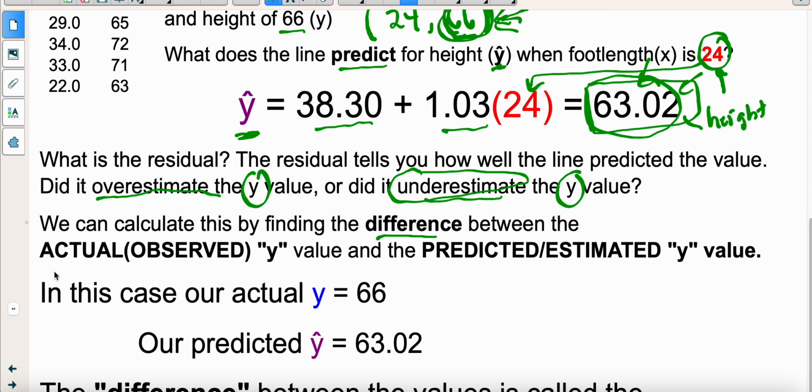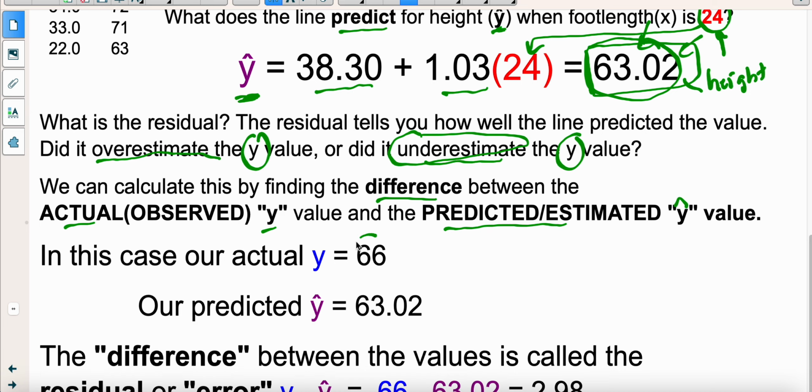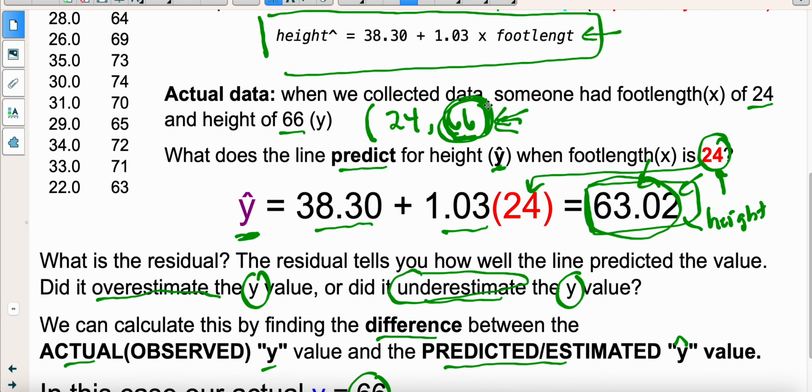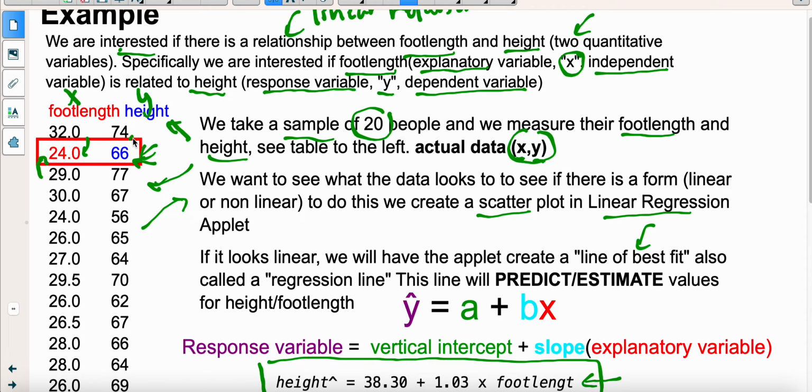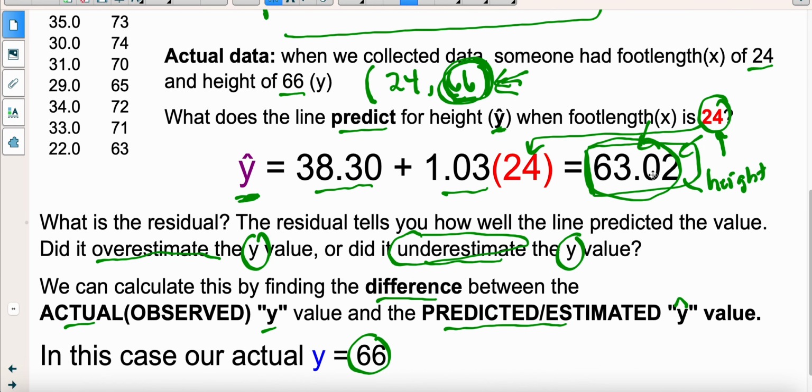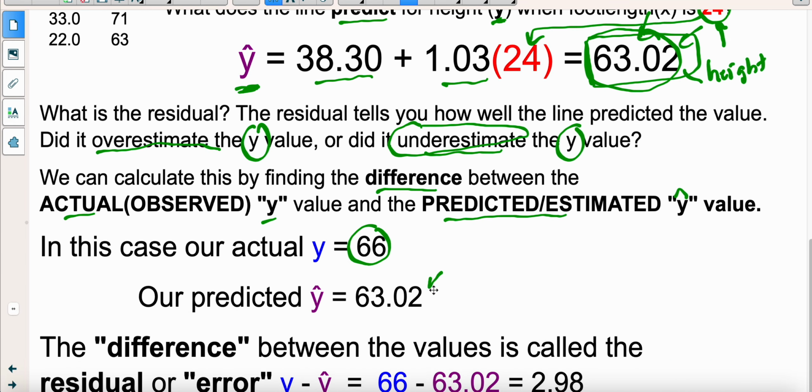That's our residual. If I take my actual observed Y and I subtract from it my predicted Y, my Y hat, all right, my Y actual was 66 right here, and my line predicted 63 here.